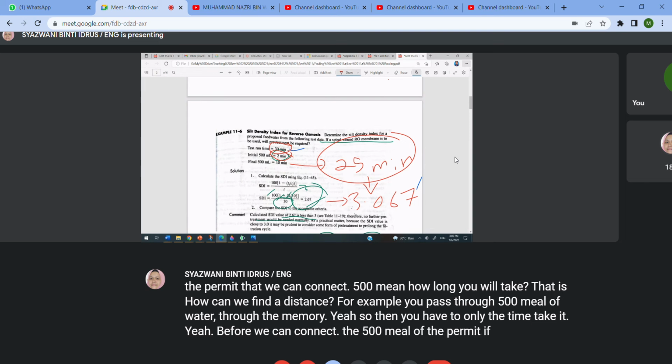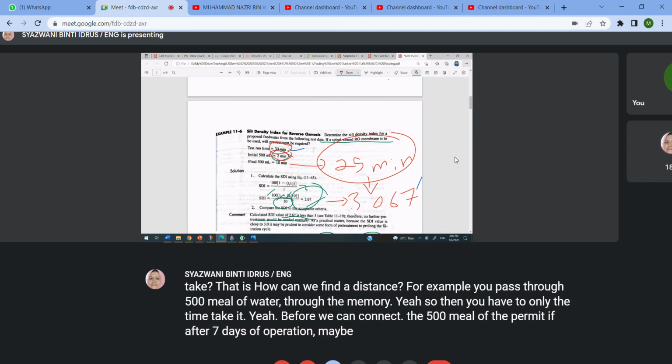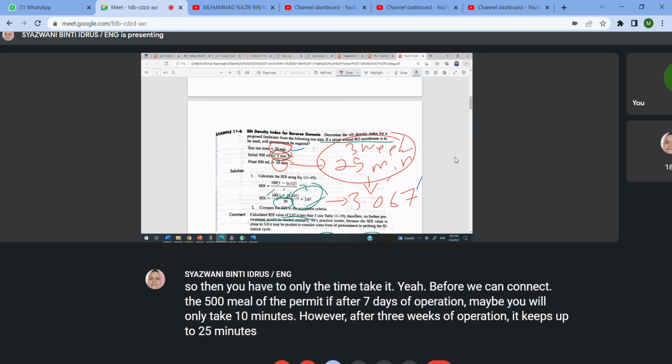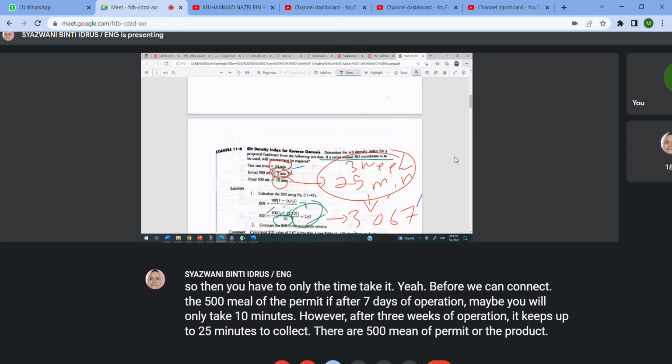If after 7 days of operation, maybe it will only take 10 minutes. However, after 3 weeks of operation, it can take up to 25 minutes to collect the 500 mL of permeate or the product water.